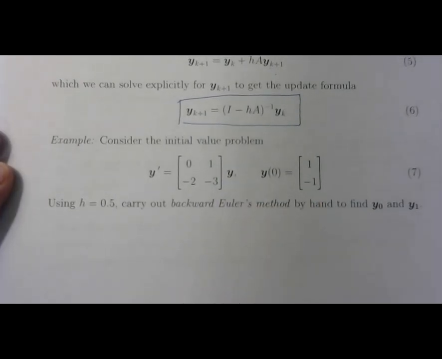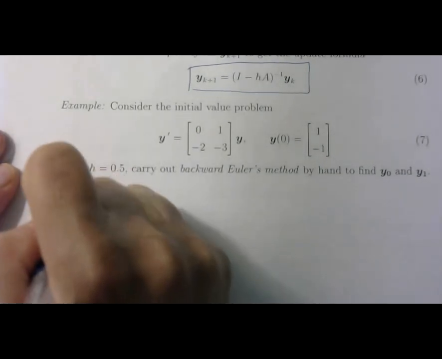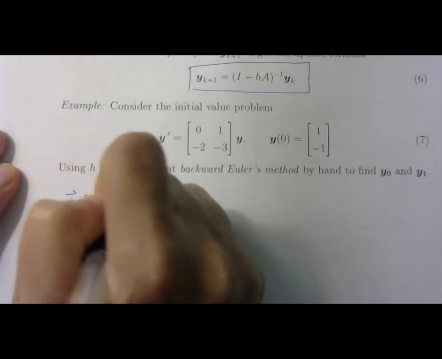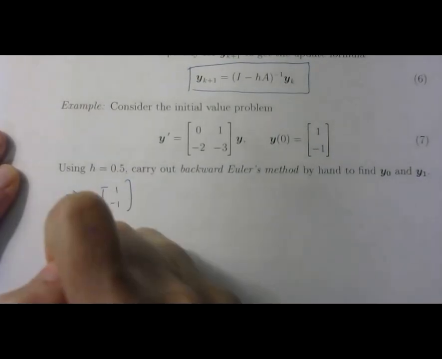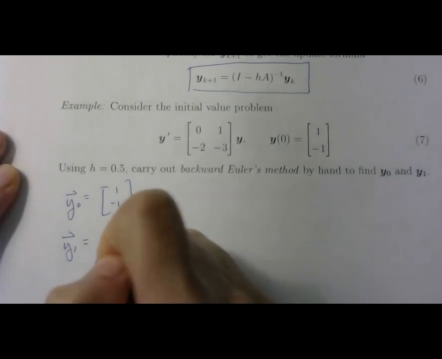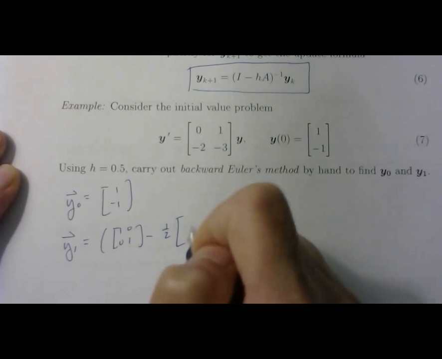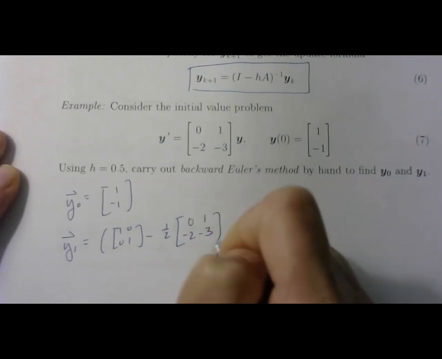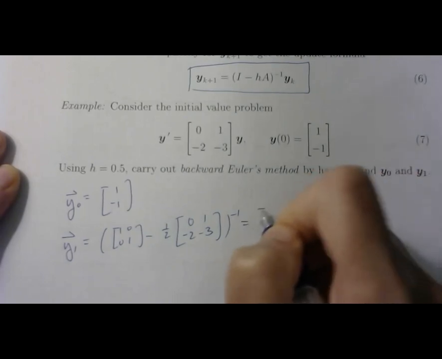So let's find, I have y_0 as [1, -1], and I have this A. What should y_1 be? y_1 should be the inverse of I, [1, 0; 0, 1], minus h, which we said is 1/2, times A, [0, 1; -2, -3], times y_0.